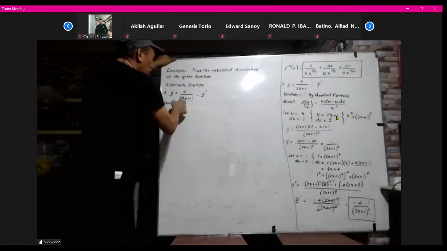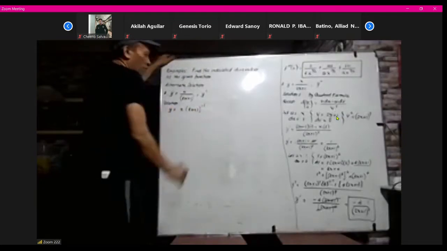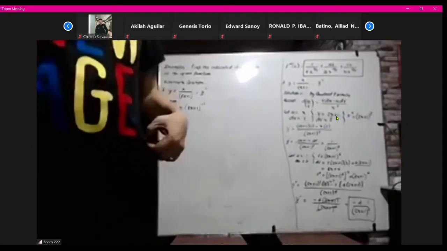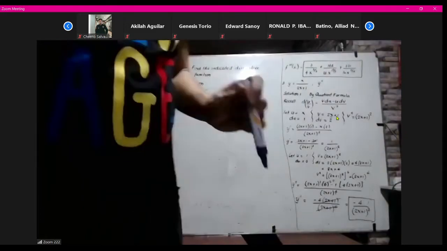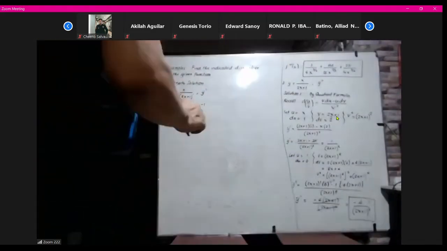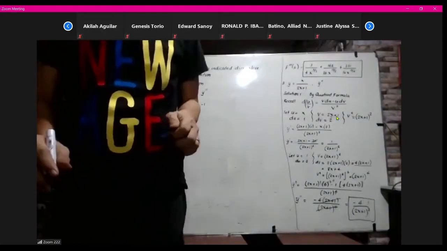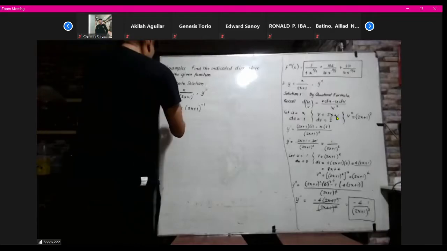Iaangat natin to, ang power niya ay 1, magiging 2x plus 1 raised to negative 1. Okay? So, ang gagawin natin, meron tayong, recall natin yung multiplication rule.